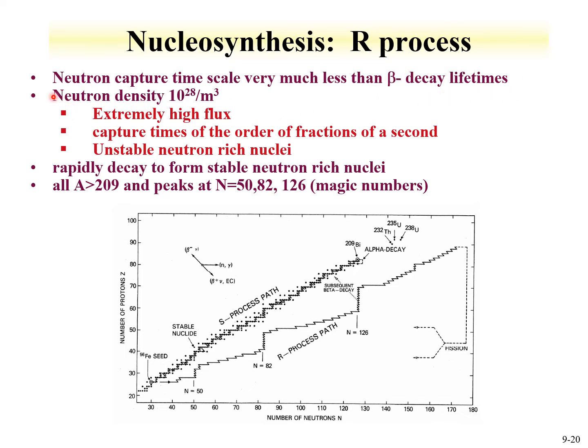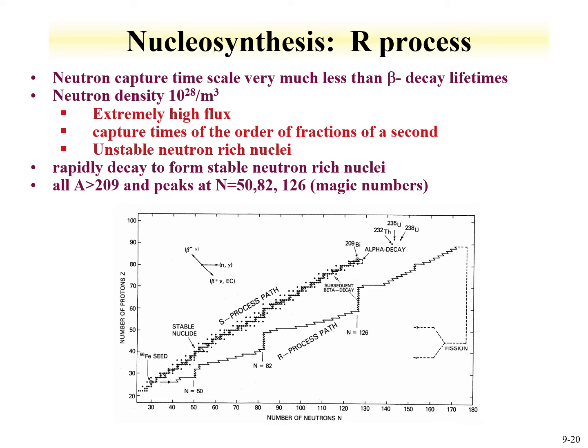This occurs when we have neutron densities on the order of 10 to the 28th per meter cubed. You can compare that to, let's say, how much water there is in a cubic meter of water. This is an extremely high neutron flux, and you get capture times that are in the order of fractions of seconds.